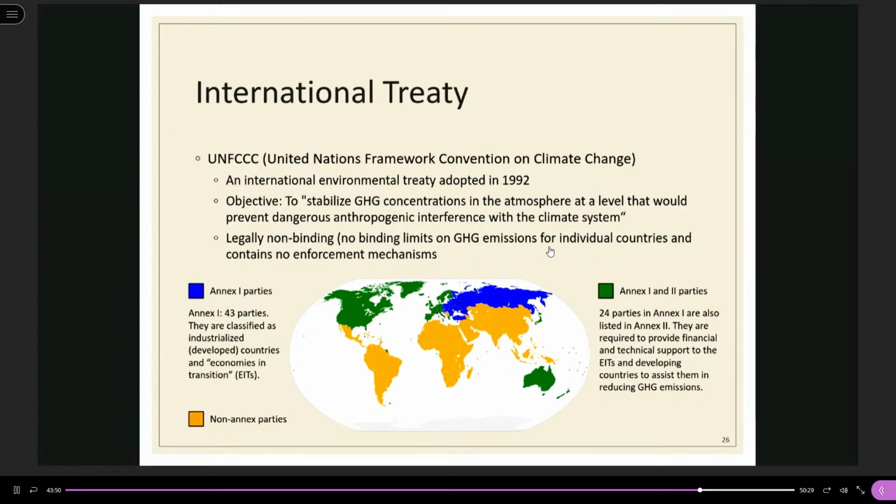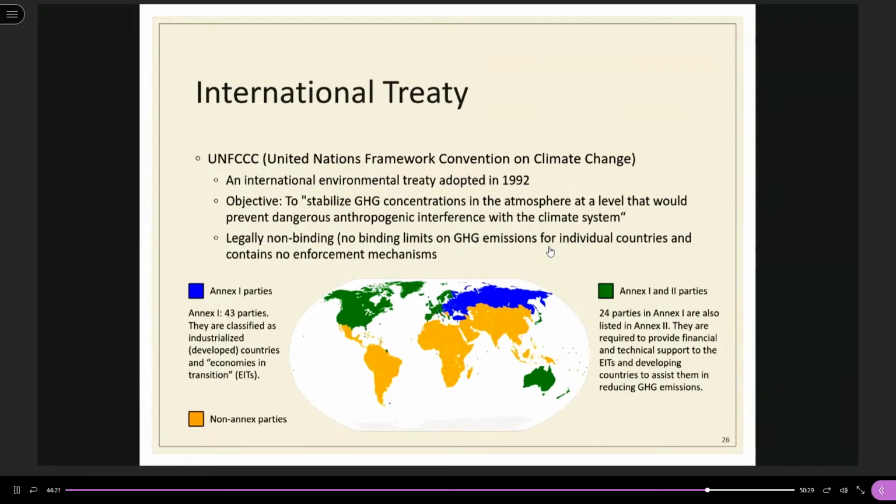The objective is to stabilize the greenhouse gas concentration in the atmosphere at a level that would prevent dangerous anthropogenic interference with the climate system. The first treaty in 1992 is legally non-binding, so there is no binding limit on greenhouse gas emissions for individual countries and it contains no enforcement mechanism.